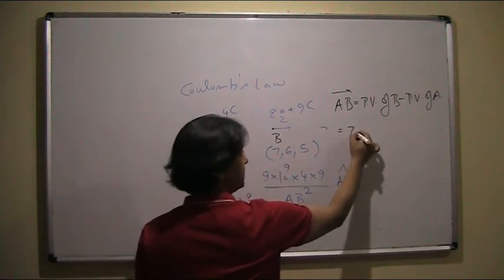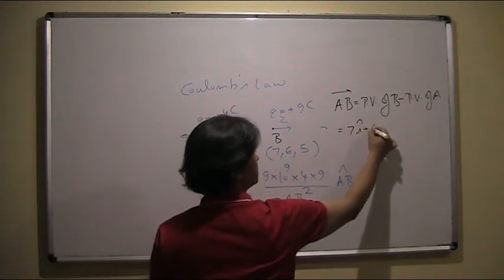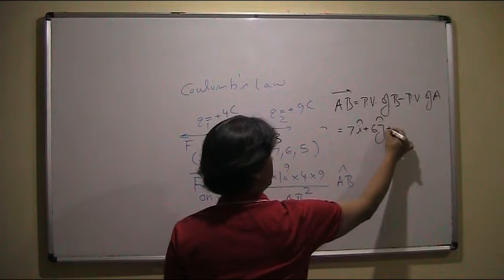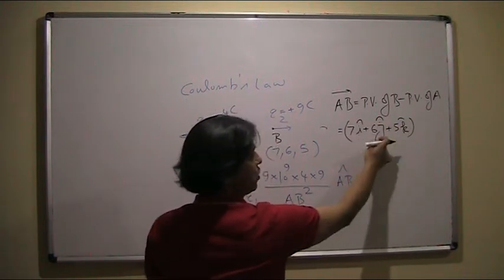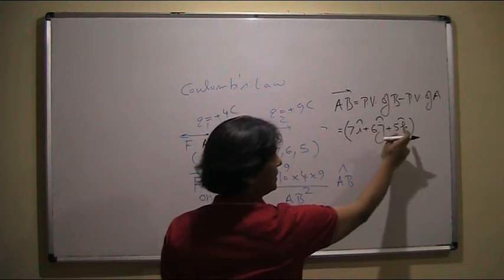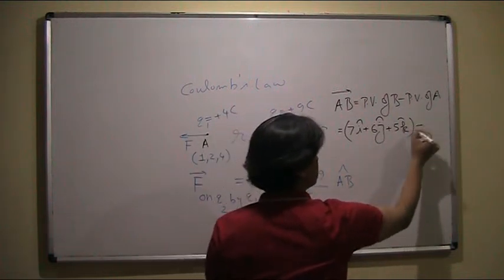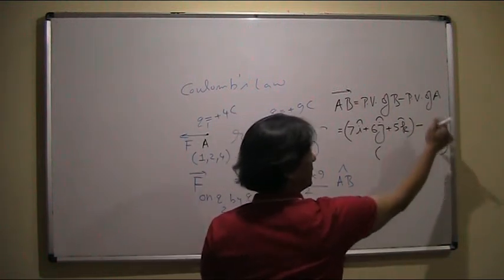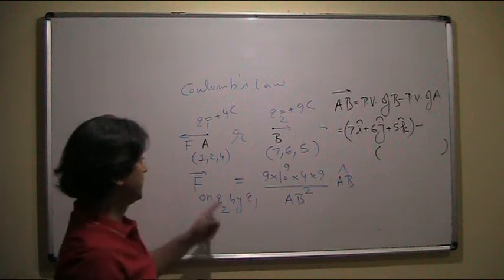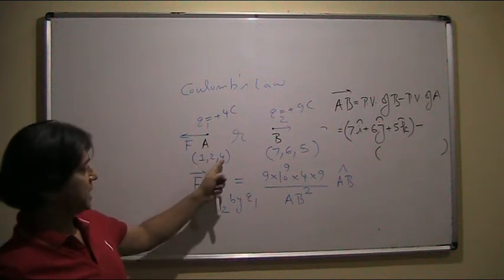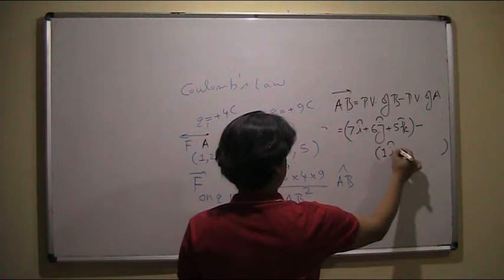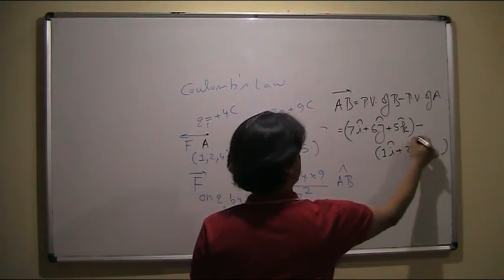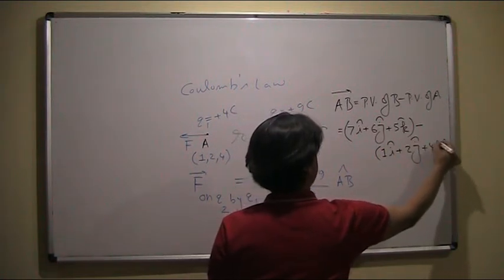You write 7 I cap plus 6 J cap plus 5 K cap. X, Y, Z, I, J and K. Minus position vector of A. Position vector of A is 1 I cap, 2 J cap and 4 K cap. So let's write it 1 I cap plus 2 J cap plus 4 K cap.